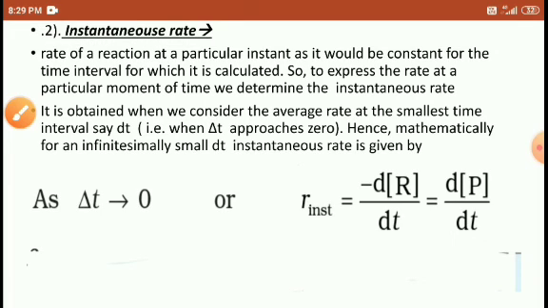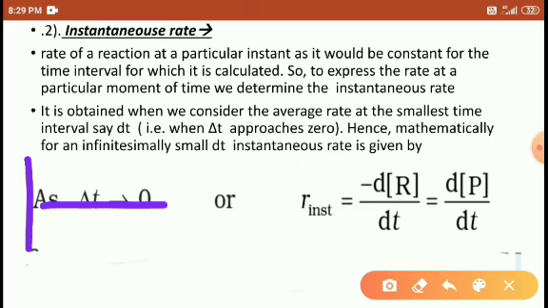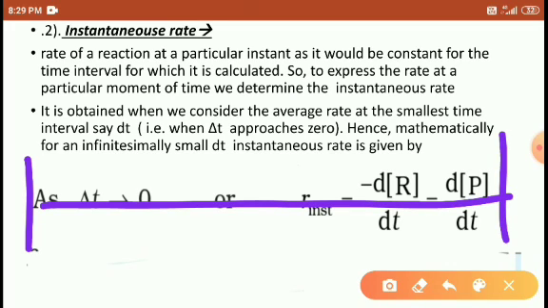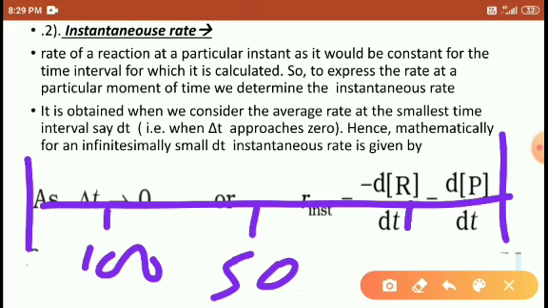For example, using the previous example, the person is moving on his bike. At any point, say 100, 50, 10, and this is 0.